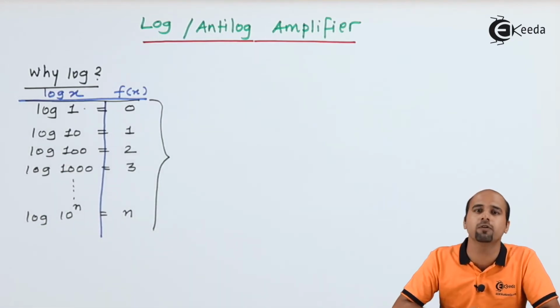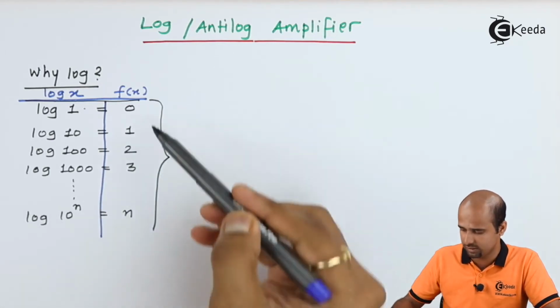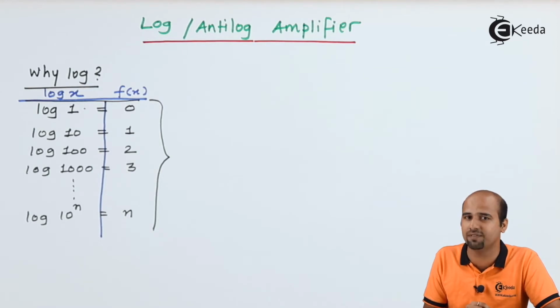Log is a perfect compression factor. That means if I have an input voltage in the range of 100 volts or 10 volts, and I want to compress it with dynamic compression, then we can reduce that value with this log function. The next question arises: how can we implement this log amplifier?